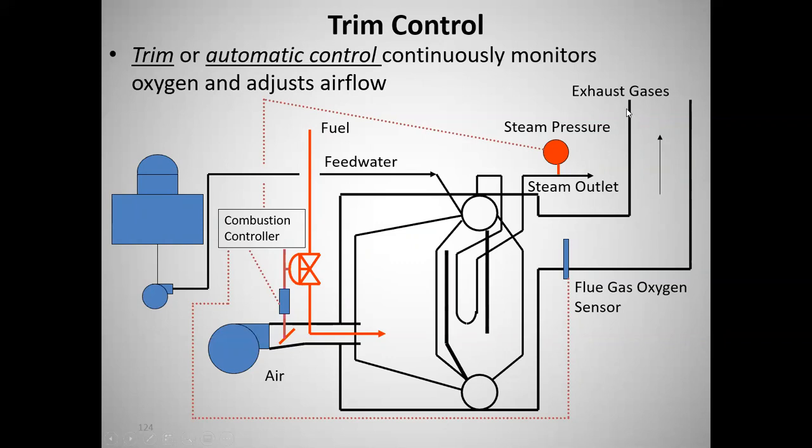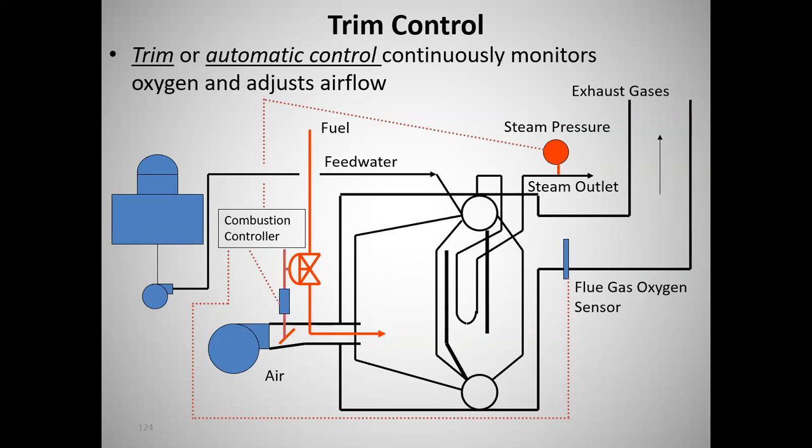Because if this sensor is downstream someplace in this ductwork, it's very possible that air could leak into that flue gas, especially if you have an induced draft fan. If you have an ID fan, it's sucking those gases out of the boiler, and so the pressure in the ductwork is below atmospheric. And so if you have a leak in the ductwork, any place where air can leak in, then you're going to have air entering those flue gases after they've come out of the boiler.